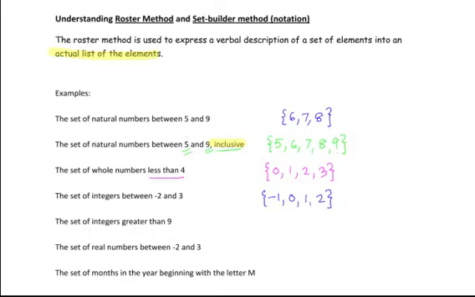Next example, the set of integers that are greater than 9. I included this example so you would understand that the roster method can be used to represent finite sets like this, where you can list out all the elements, but it can also be used to represent sets of numbers that are countably infinite. So how do we write numbers that are greater than 9?